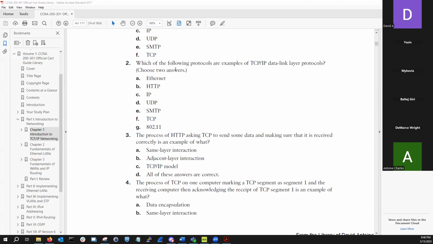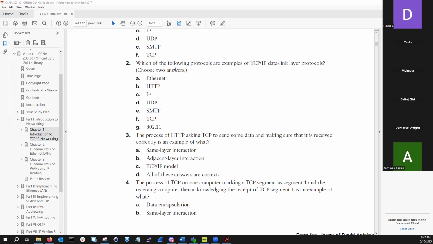Okay, let's break this down. What layer does HTTP live at? Layer 7. What layer does TCP live at? Layer 4, which is transport. So HTTP and TCP don't live at the same layer, do they? Let's keep it simple and rely on the OSI model.